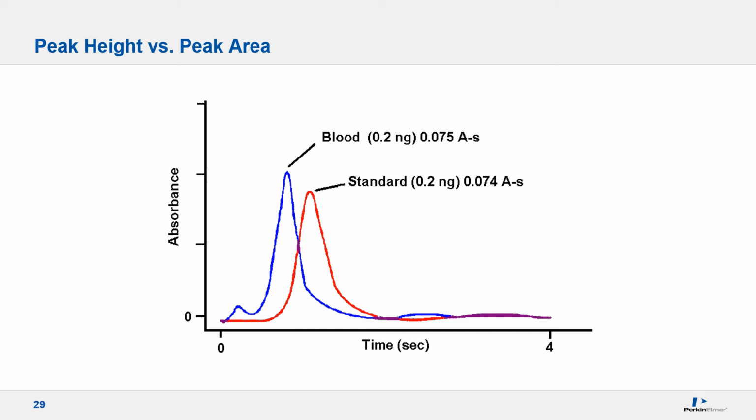In this example, even though the concentration of the blood sample is the same as a standard, with the same preparation using the same furnace program, the peak height is quite different, but the peak area is approximately the same. What is the analytical impact? Calibrating in peak height will produce a high bias in sample results, but peak area will provide very accurate results.